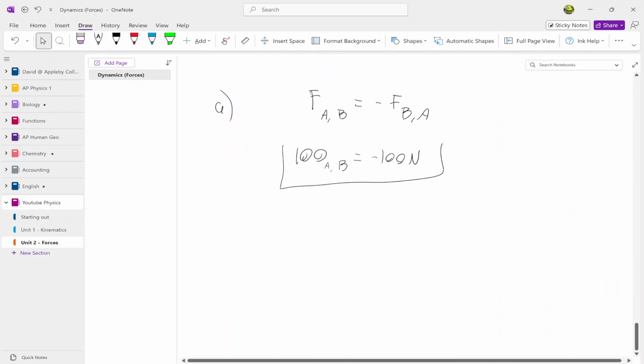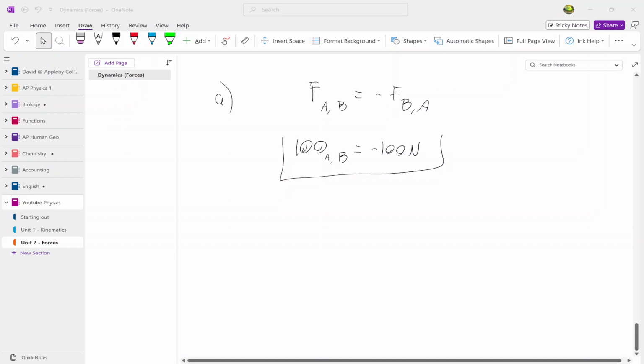So why doesn't the wall move? Well, it's because the actual wall is connected to the earth, which has a huge mass.